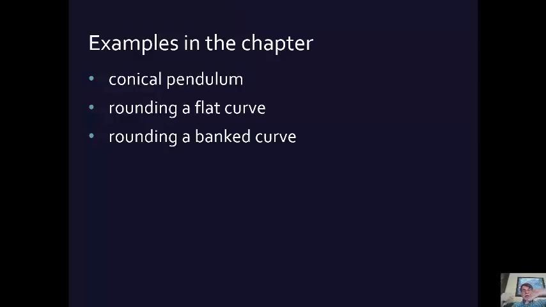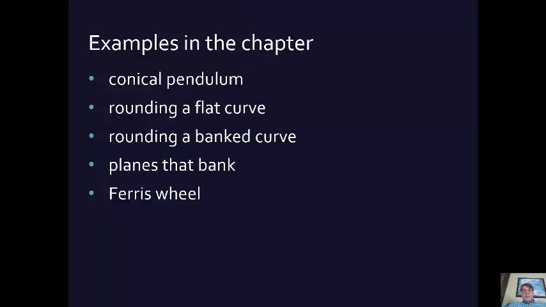The bank will allow the car to be normal. And of course, this also applies to planes. When planes bank, it's exactly the same situation, except you have some air drag and stuff. But basically, the plane banks to make it possible for it to turn in a circular motion.